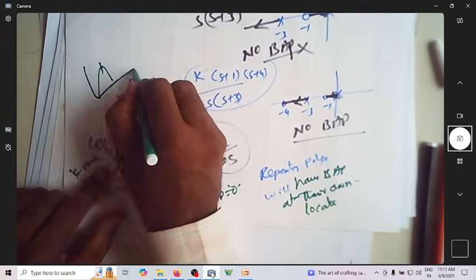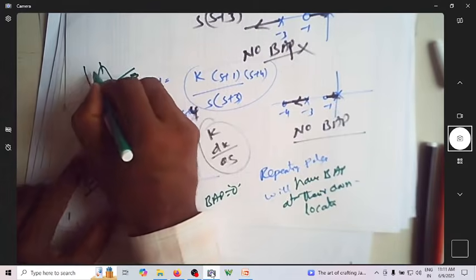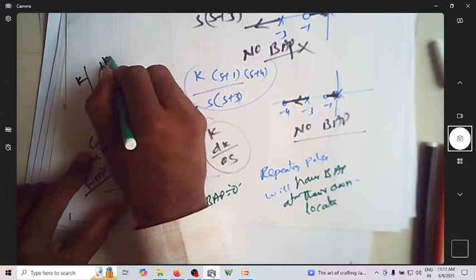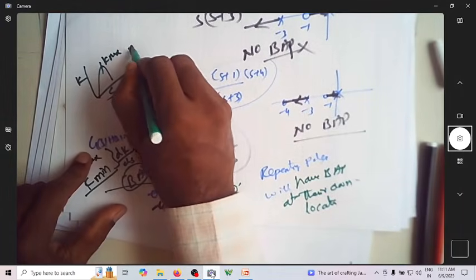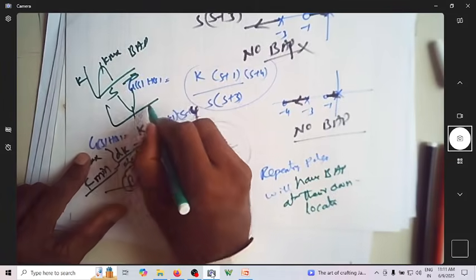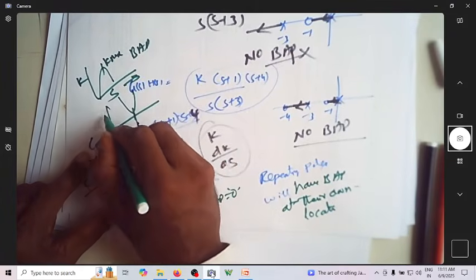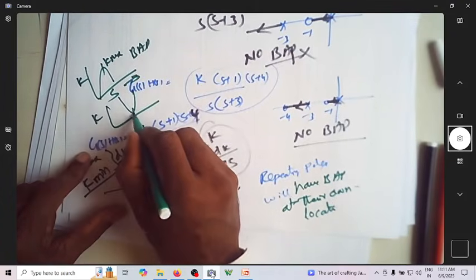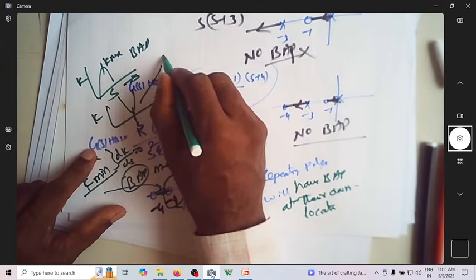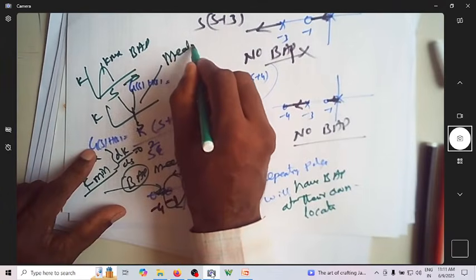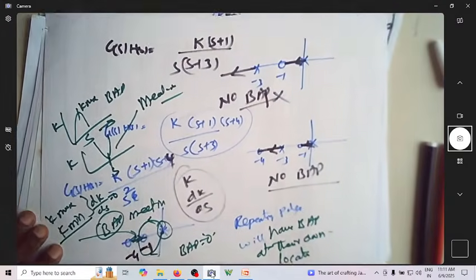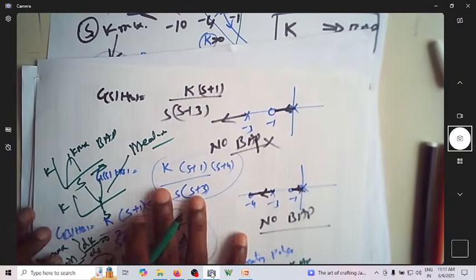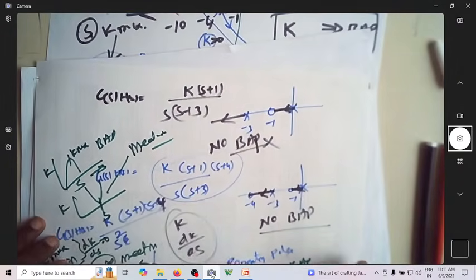Here, with s on the x-axis and K on the y-axis, this is K max, which corresponds to BAP, and this is the value of s. This is K min, which corresponds to the meeting point. So it is not necessary to find a breakaway point in all cases.